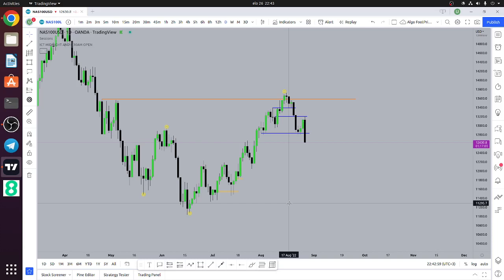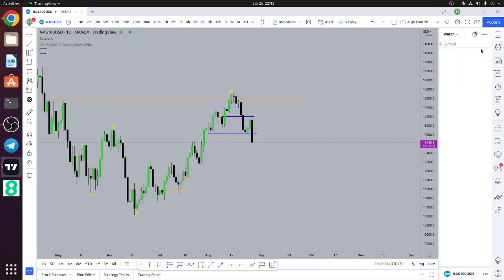But for now guys, I can show you my watch list. Many of you have asked me what pairs I trade. The pairs that I focus on are Nasdaq, US 30, the DAX, GU, and the EU. My favorite is the DAX, German 40.